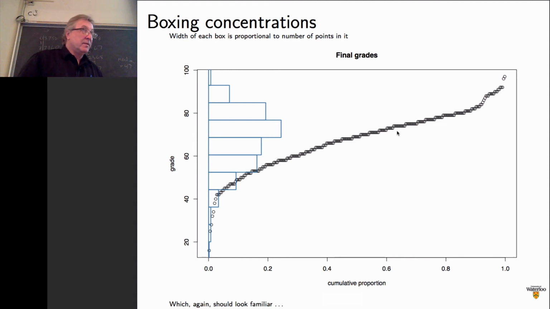Yes? That's the proportion. There's Putin in the middle, Churchill's next to him. These are the heights of the people. The vertical part is the grade that this person got in the course. The highest grade up here was something less than 100 in that course. The lowest grade was this guy that got 16.